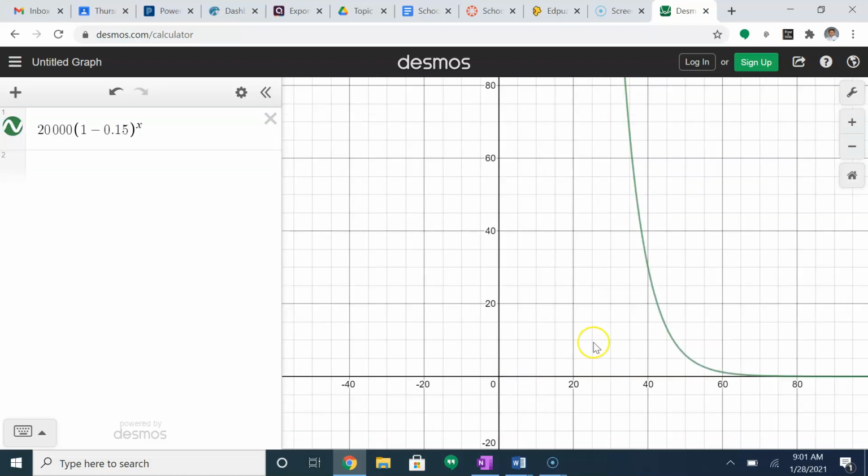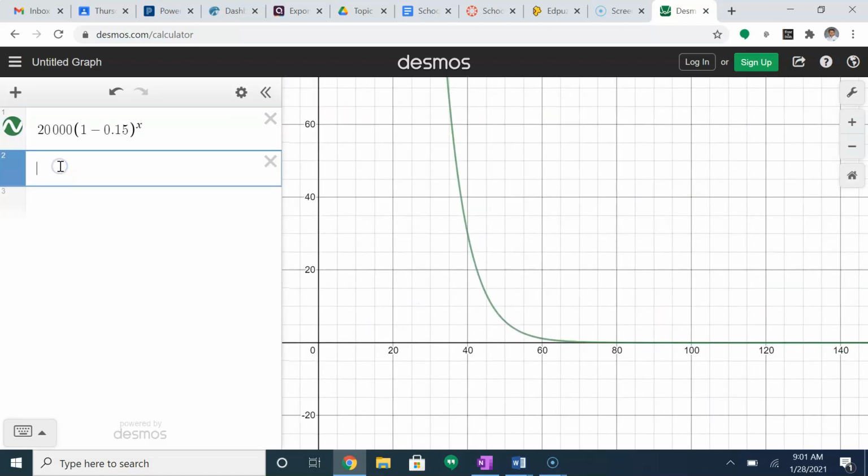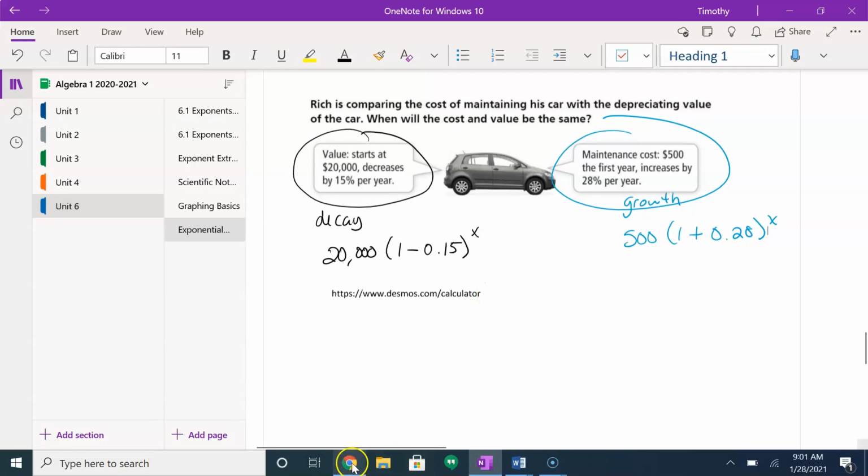Zoom out. There's my graph of that one. So then we're going to take 500 times 1 plus 0.28 to the x, which is what we did over here.